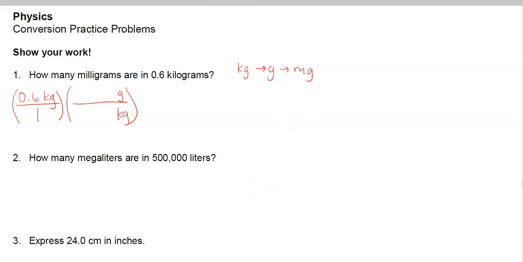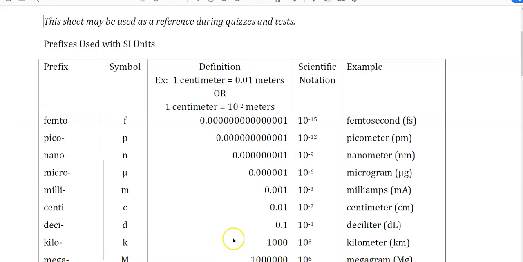So when I switch, you're going to go look at your conversion sheet and you're going to look for the K, because the K is the prefix. So I am looking for K in my list and I see it right here. In my list, it doesn't let me write on the screen, but I see kilo here is defined, so 1 kilo is defined as 1,000 of anything.